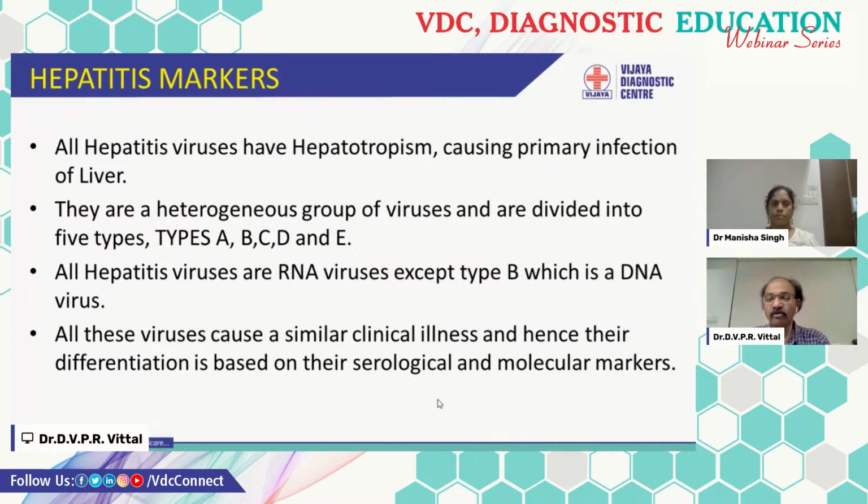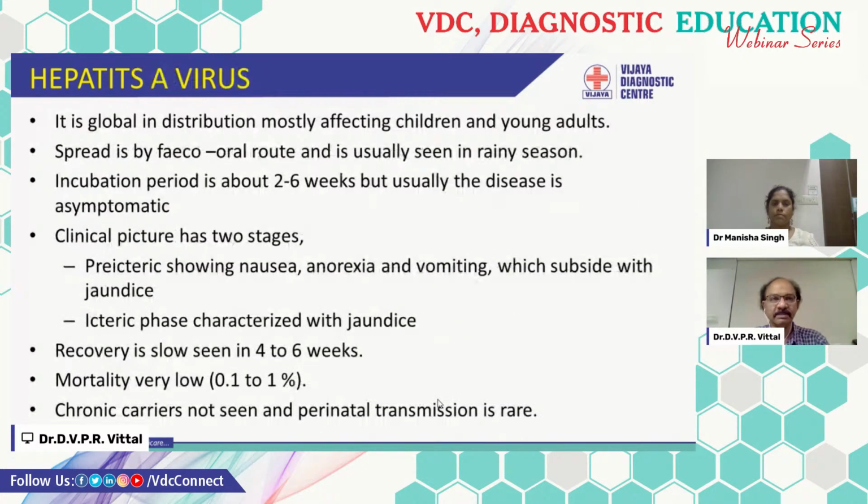The first one is type A hepatitis. Type A hepatitis is a globally distributed virus, mostly affecting children and young adults. The surge in cases is mostly seen in the rainy season in India.